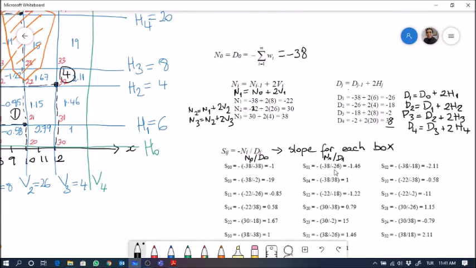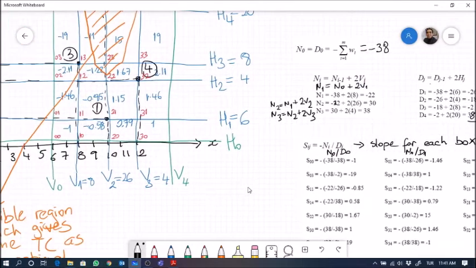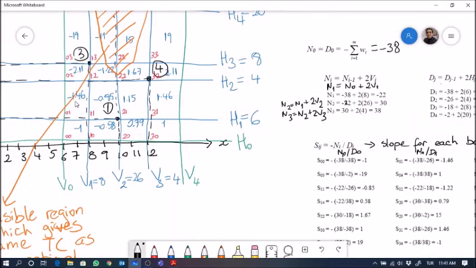So minus 38 divided by minus 26 multiplied by negative 1, the slope for the 0, 1 box will be minus 1.46. So in the 0, 1 box, the slope is minus 1.46. Any slope that I will be drawing in this box should have a value minus 1.46.